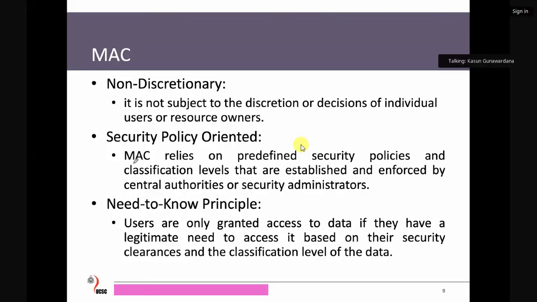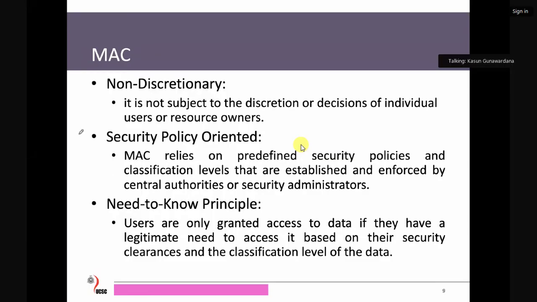The access requirements or data exposure will be completely decided based on the need to know principle. So we can specifically restrict access to certain data based on this principle.